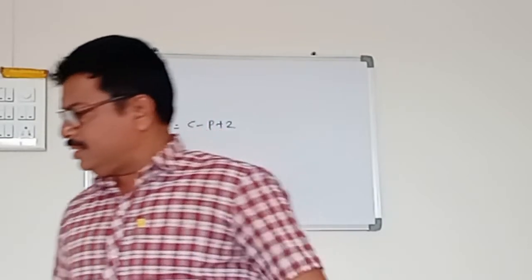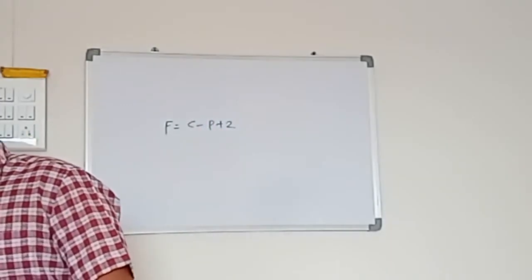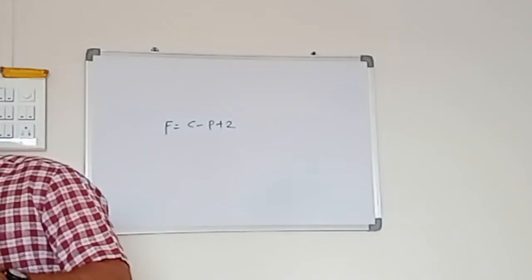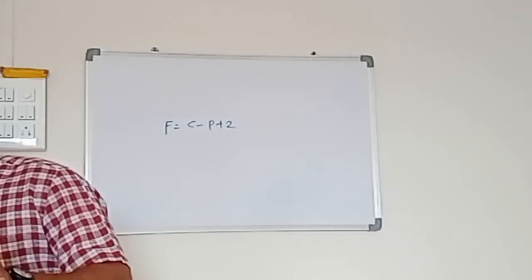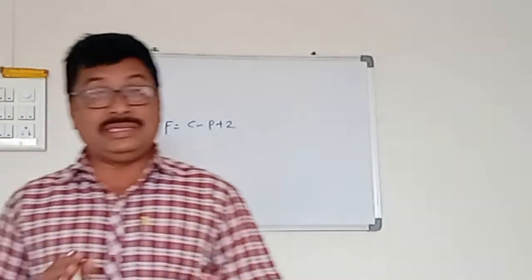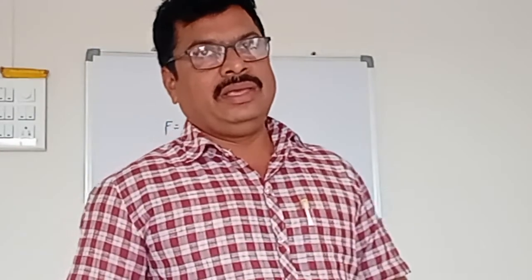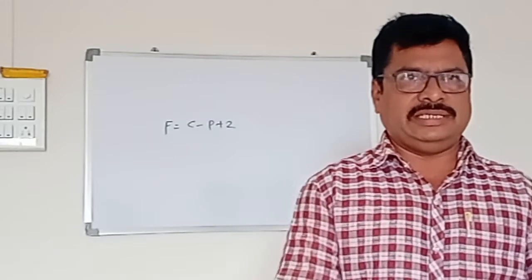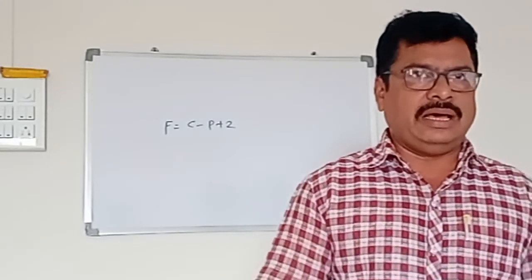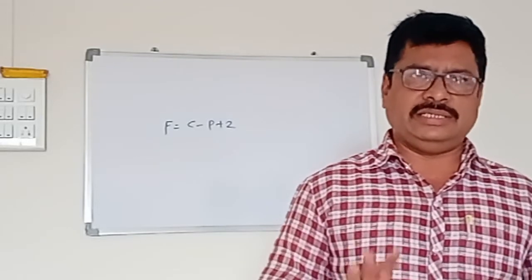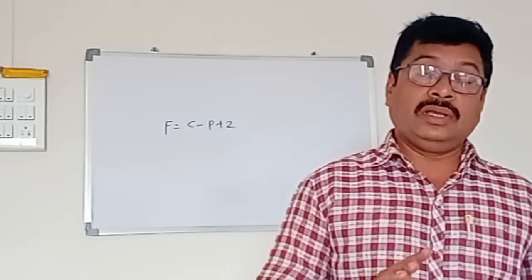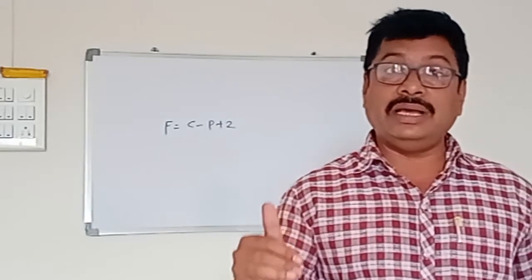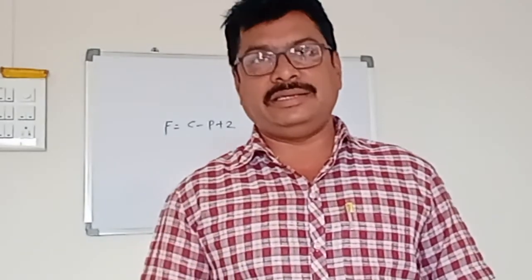The second rule is that the rest of the chemical constituents existing independently in the system are placed on the RHS. Suppose there are 3 chemical constituents in the system, then the other remaining constituents should be written on the RHS, that is right hand side.